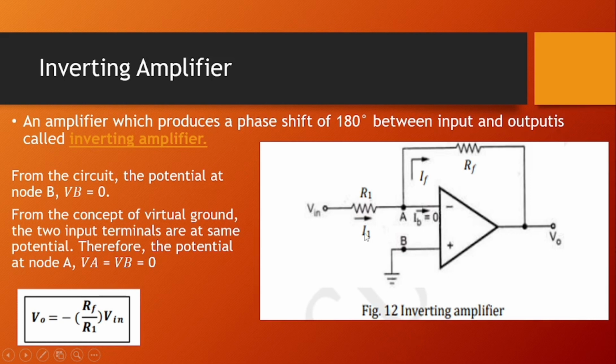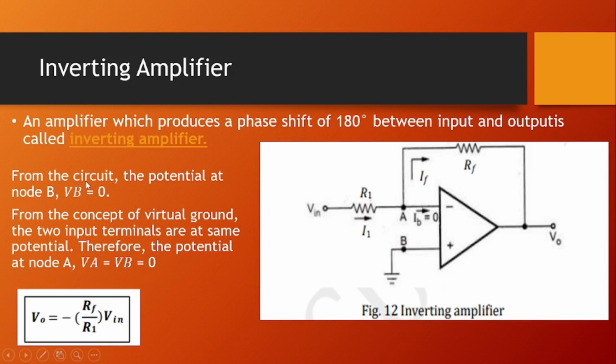Next, inverting amplifiers. An amplifier which introduces a phase shift of 180 degrees between input and output is called an inverting amplifier. From the circuit, the potential at node B, VB, equals 0.